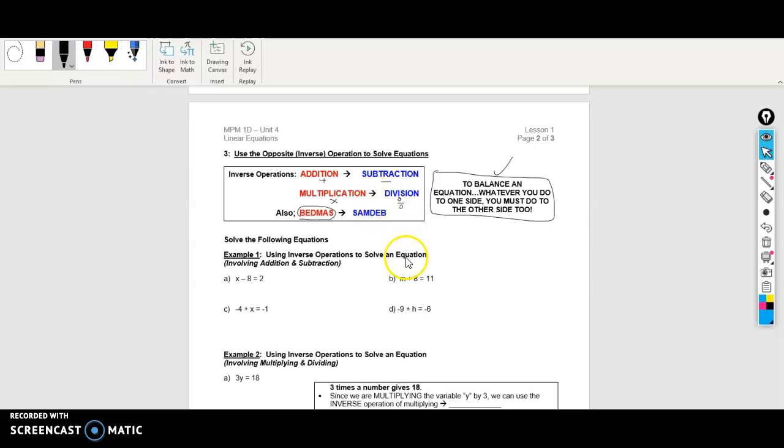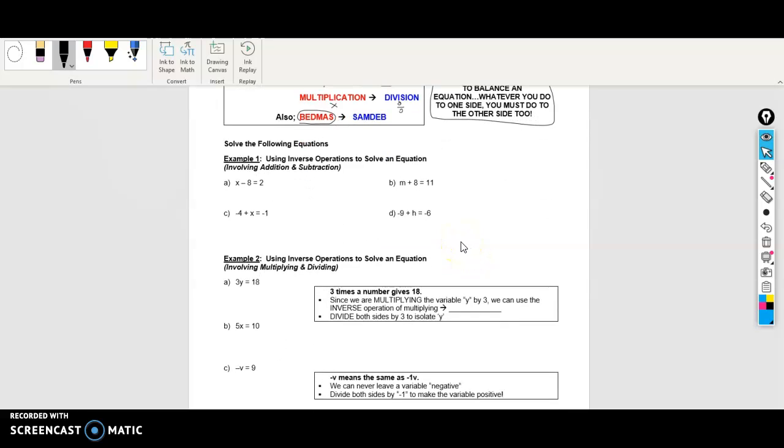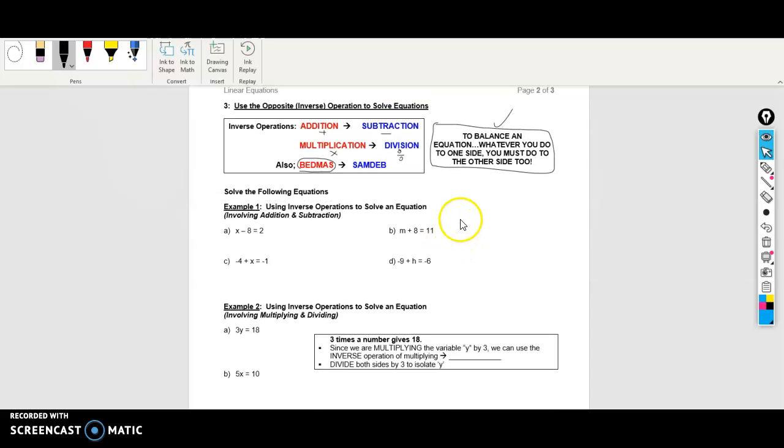So we're going to do an example where we do inverse operations. I'm going to do an example that you did above, actually, by inspection. So the example that we had done by inspection was x plus 4 is equal to 13.